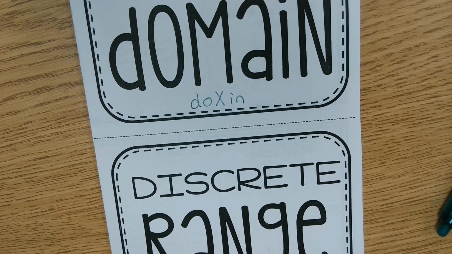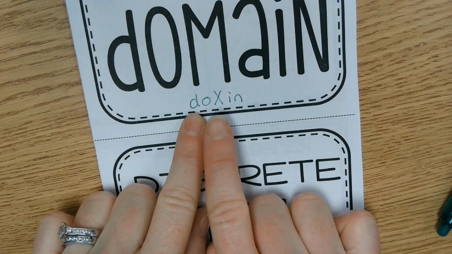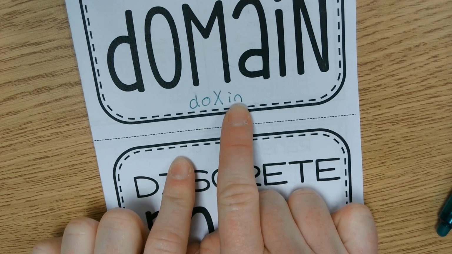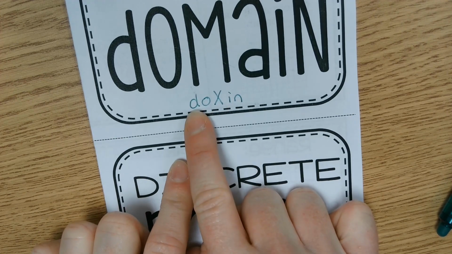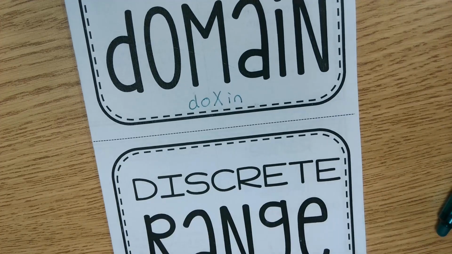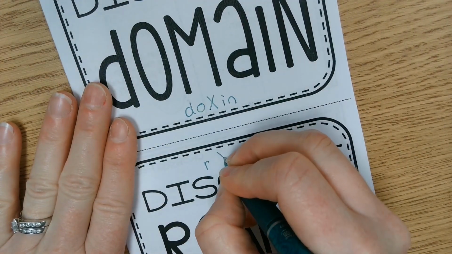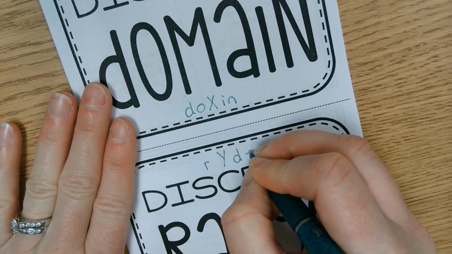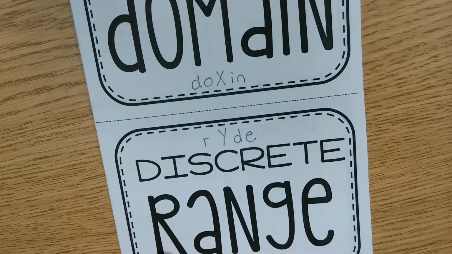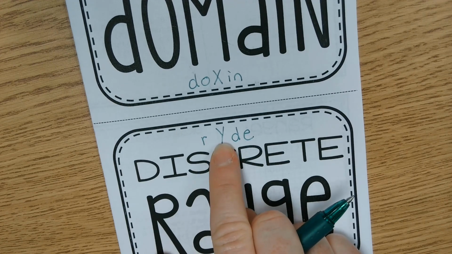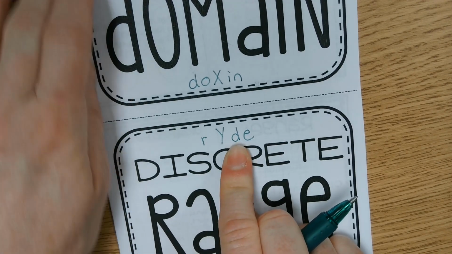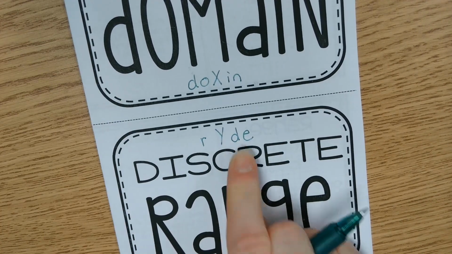So doxin is for domain because it's domain, X, and input. Domain, X, input. And then the other one for range is ride. R, Y, D, E. Range is Y, which is our dependent variable. Doxin ride.